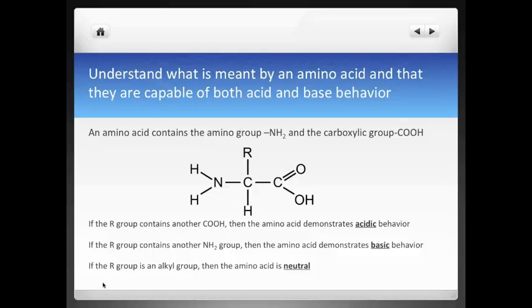If the R group contains another NH2 group, it demonstrates basic behavior. You have, for example, in that condition, two sets of unshared pairs on the two NH2 groups attached to the amino acid, and therefore, by the Bronsted-Lowry definition, it would demonstrate basic behavior. If there is an alkyl group attached, neither a carboxylic acid nor an ammonia group, then the amino acid is neutral.